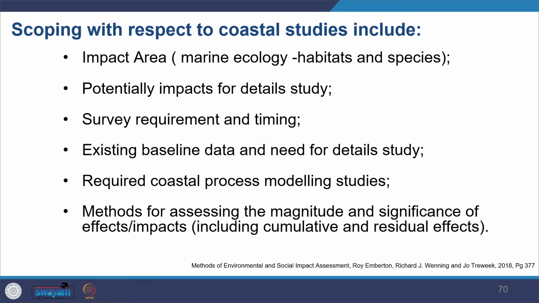You would look at to what extent the impact of the development you're doing will happen, and in terms of marine ecology, what kind of habitat and what kind of species are there. And then you would look not only at the area but also at the impacts: what potentially significant impacts would happen, and what indications you're getting in the scoping stage, so that you might have to undertake a later detailed study with respect to that.